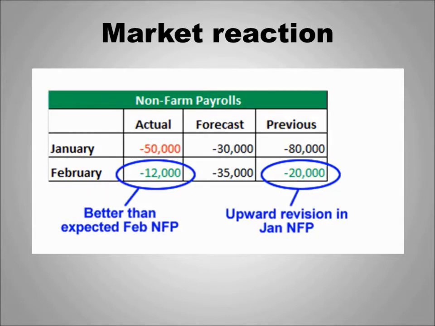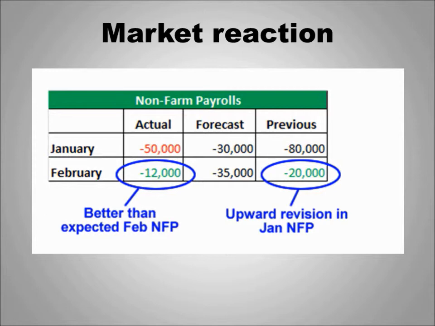For example, let's look at this chart right here. So we're talking about non-farm payrolls. Now, as we can see, we have three columns. We have the actual, meaning what happened after the numbers were released. Also, we had the forecast, and then we had the previous.